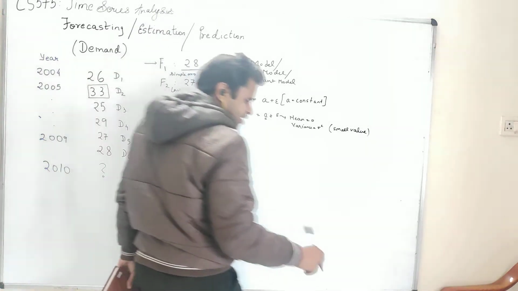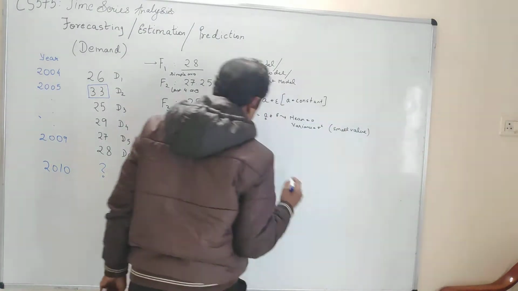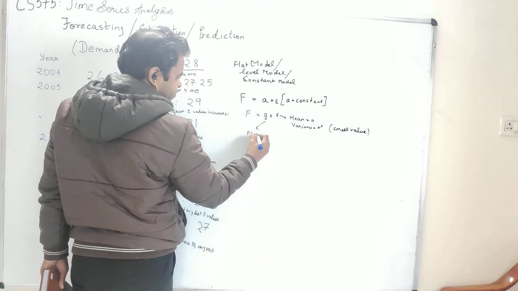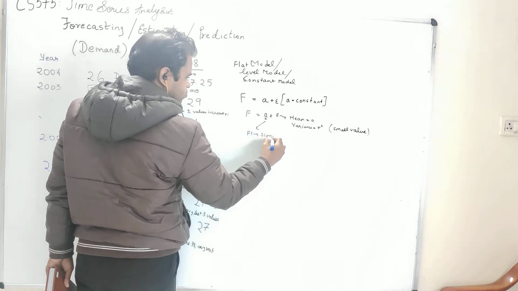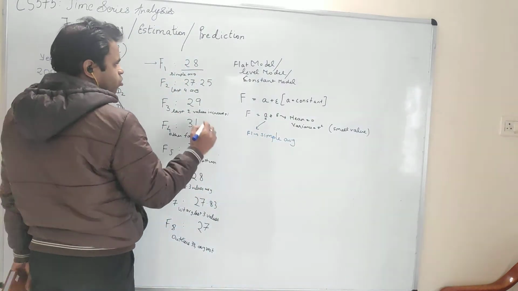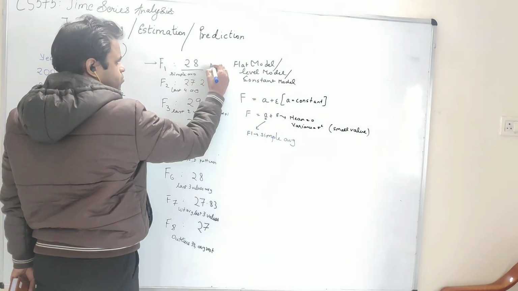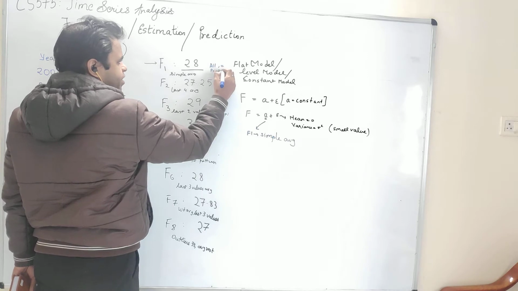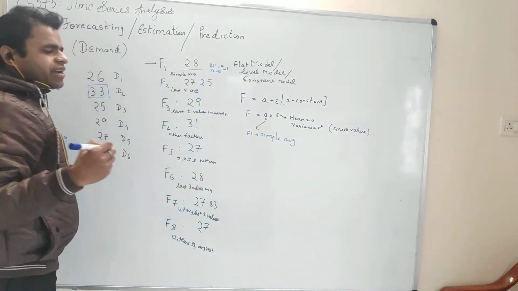So for this particular A, when we have the simple average, what are the pros? We take all points and give equal weight to all the points.